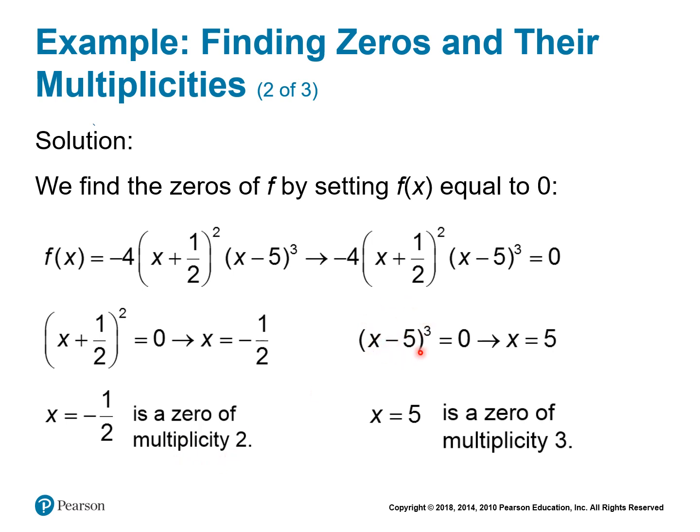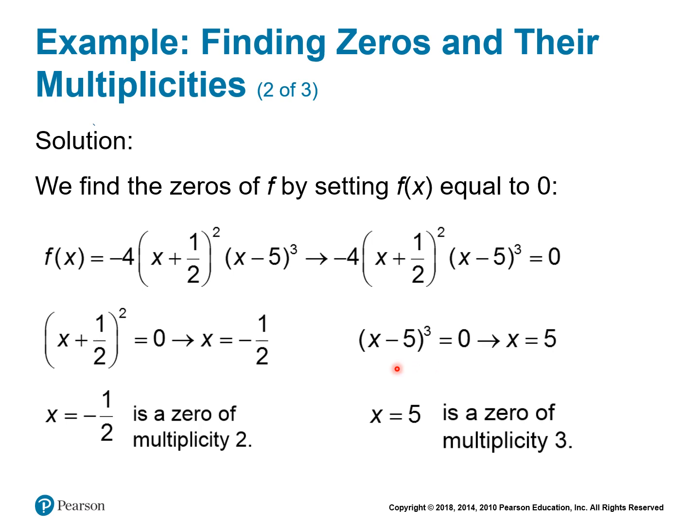For x minus 5 whole cube, x minus 5 occurs 3 times as factors. So even though here they haven't shown that work, they've just shown x equals 5, if you just remember what we did in the previous slide, there were 3 factors.